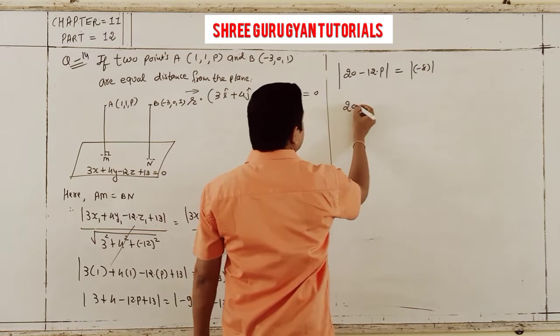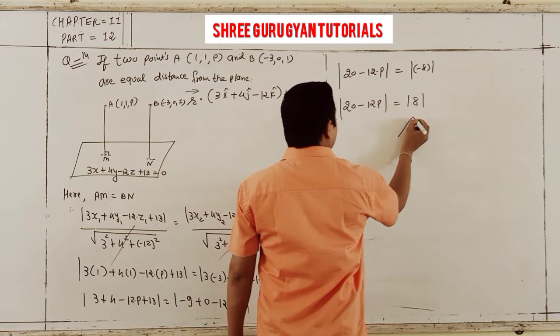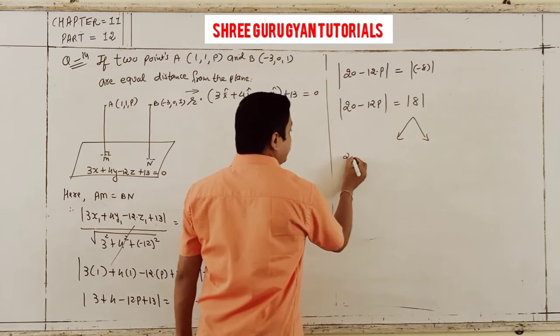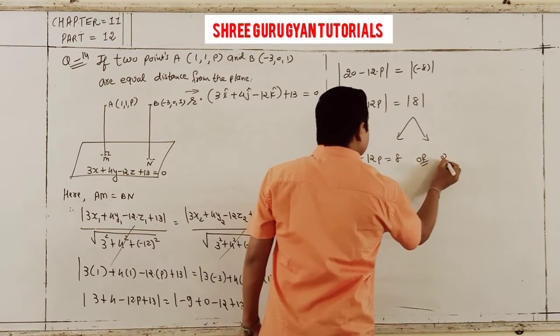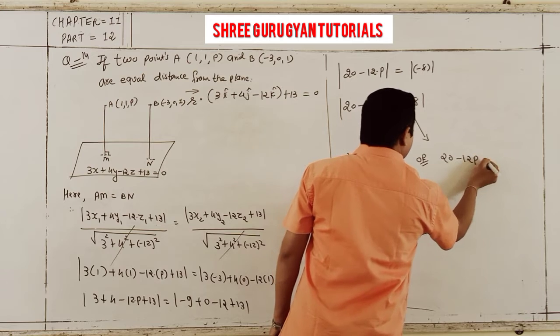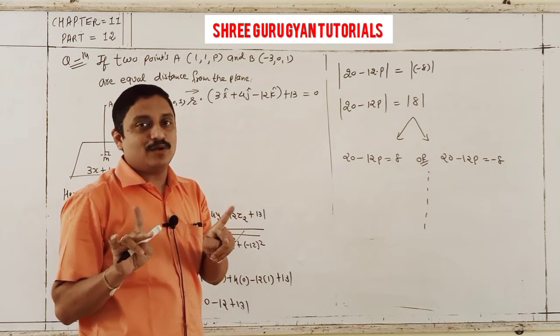So 20 minus 12p is equal to modulus 8. There are two answers, one is 20 minus 12p equals 8, otherwise 20 minus 12p equals minus 8, and here you will create two distinct values of p.